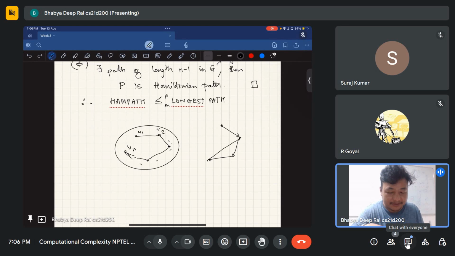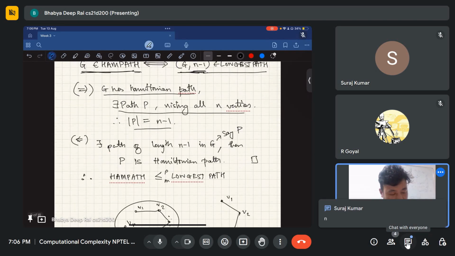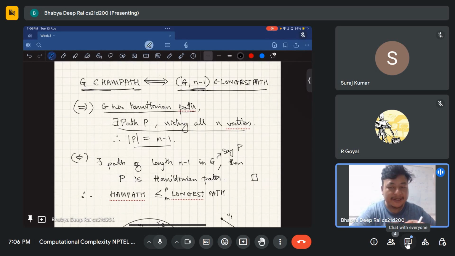If I'm not allowed to repeat the vertices and the length of my path is n minus 1, then what is the consequence? How many vertices will I cover? All n, because I have n minus 1 edges in the path. Good. Since I've covered all the vertices, G has a Hamiltonian path. So both the directions are proved, and therefore Hamiltonian path reduces to the longest path problem.